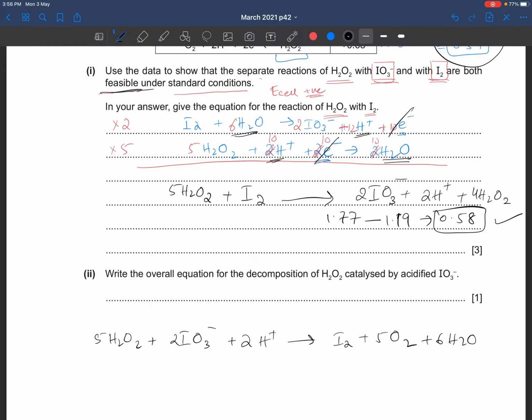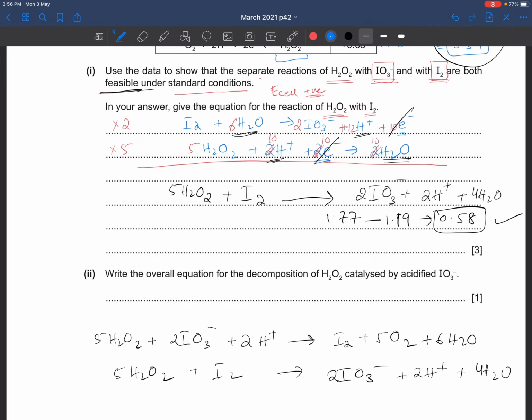And step 2 is 5H2O2 plus I2 makes 2IO3 minus plus 2H plus plus 4H2O.